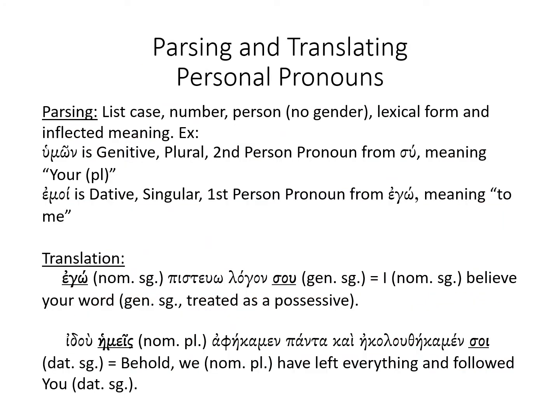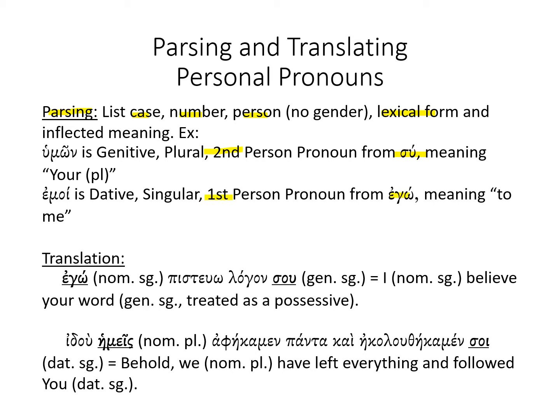When we are parsing, we want to, just as we have done, list the case, number, person. There's no gender with these pronouns because it's just first or second person that we're looking at here. We'll look at third person in another chapter, but here just first and second person, and then the lexical form. The lexical form would be su for the second person, or the first person, ego.